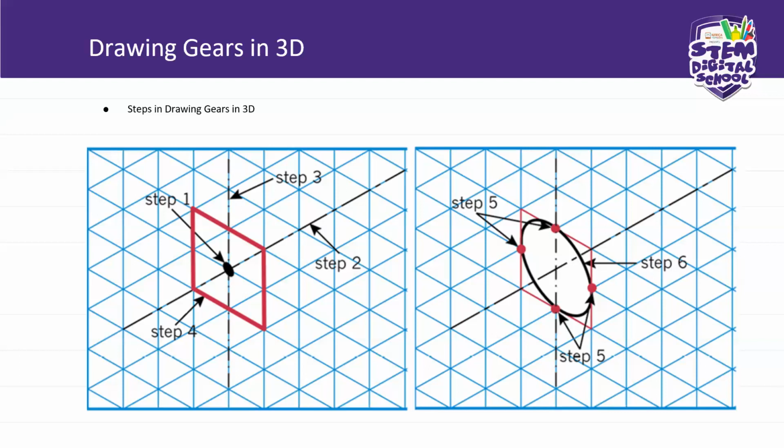And then the next step, step 5, you plot your dots there in the centers of each line of the square. You plot your markers there.